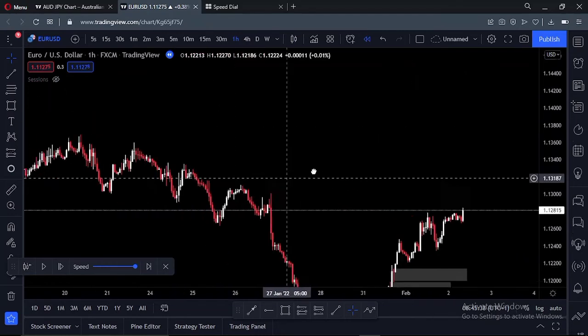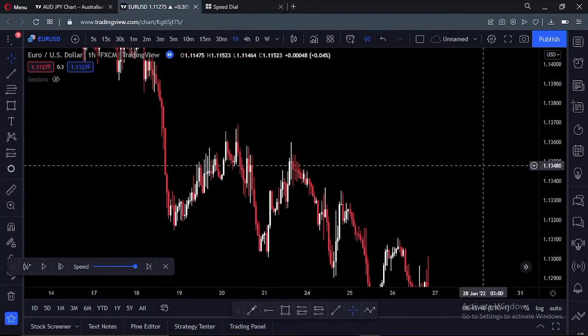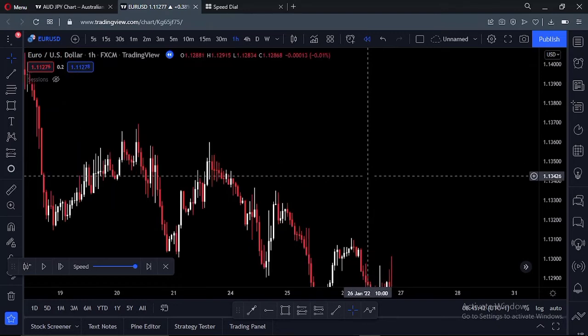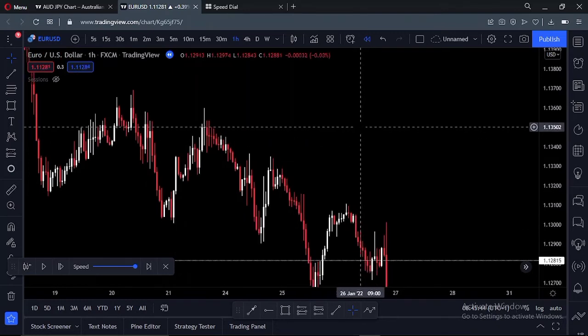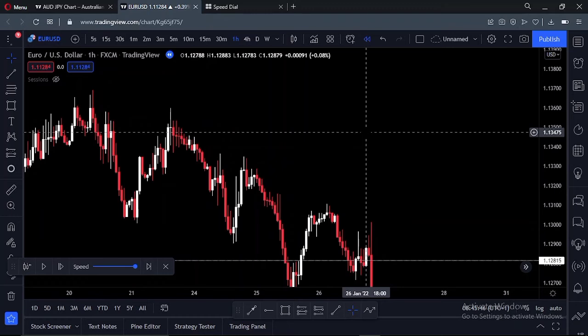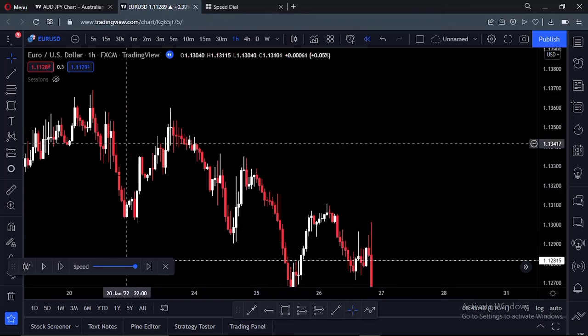Then let me try to see for a supply zone scenario. Supply zone, supply zone, supply zone.